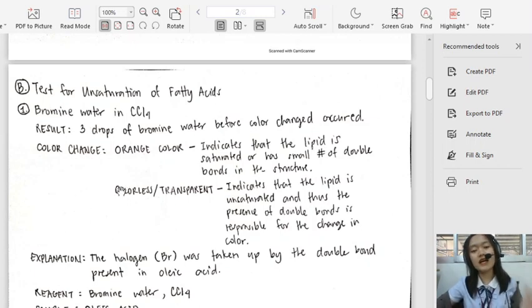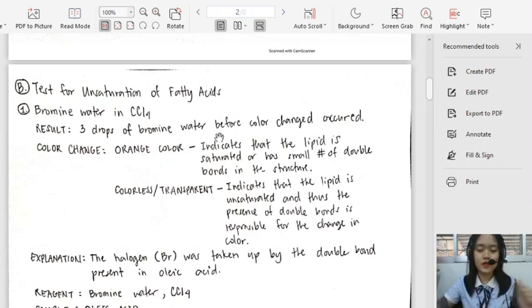Now, if ang gamit mo, for example, is an acid or a fatty acid or a lipid that is very, very unsaturated, meaning composed siya ng napakaraming double bonds sa structure niya, then that means more than 3 drops pa, no, ang kailangan mo na i-add na bromine water before siya mag-turn into orange. Kasi nga, mas maraming double bond na kailangang lagyan ng halogen, which is the bromine.